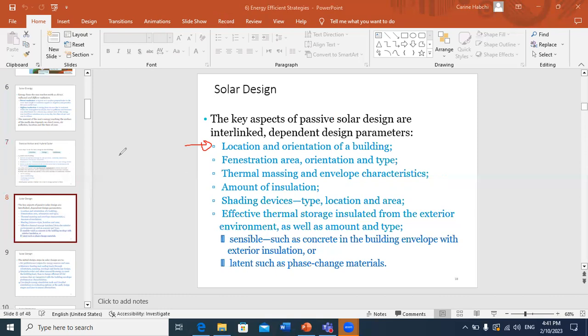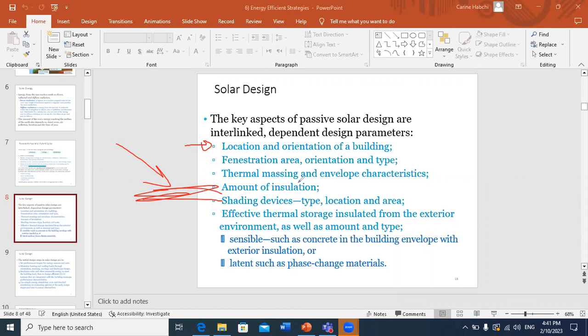So as we discussed, for example, if you have a zone largely exposed to the sun, in this zone, you should have thermal mass. So implementing thermal mass will depend on the location of the room, if this room is exposed a lot to the sun or not. So if you have some regions with lower exposure, you can select other thermal mass systems to be used.